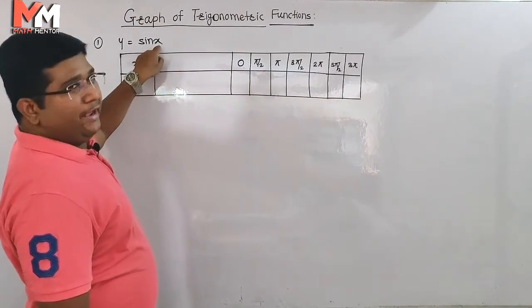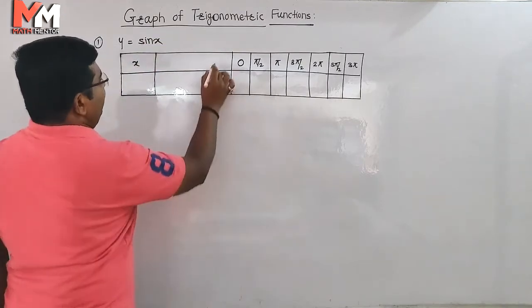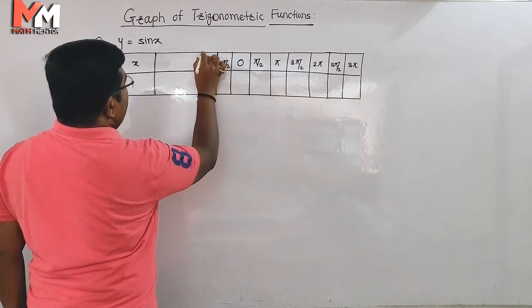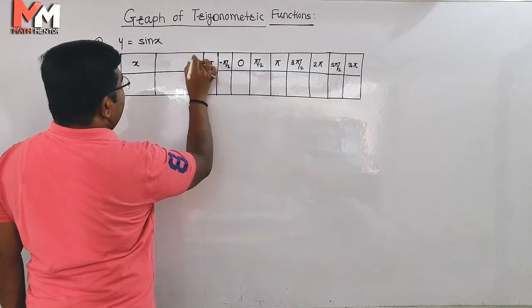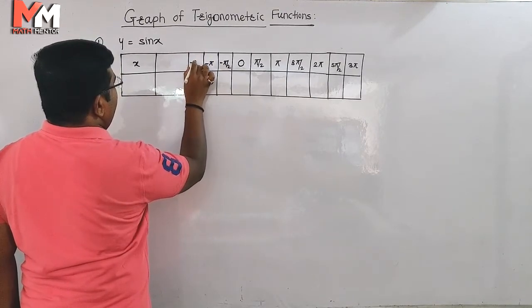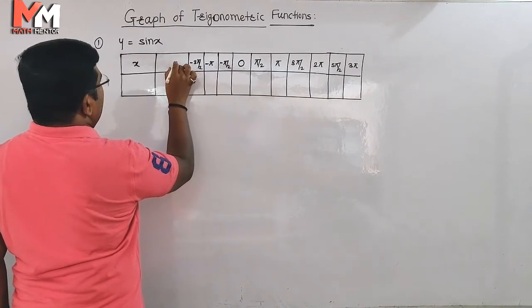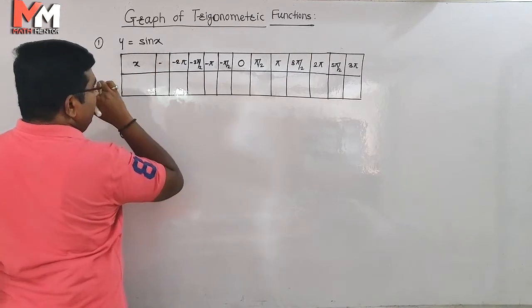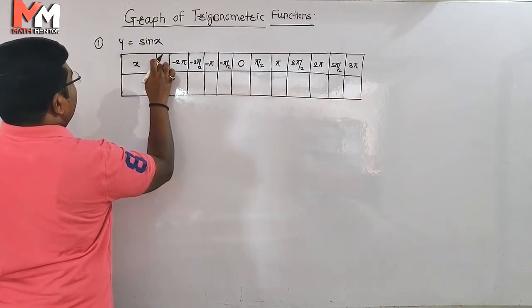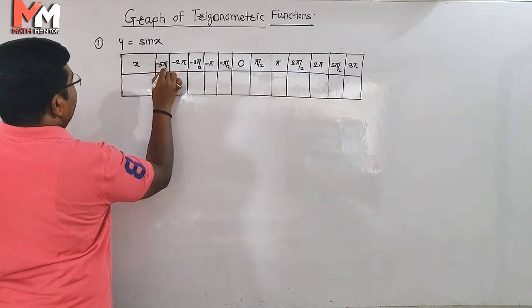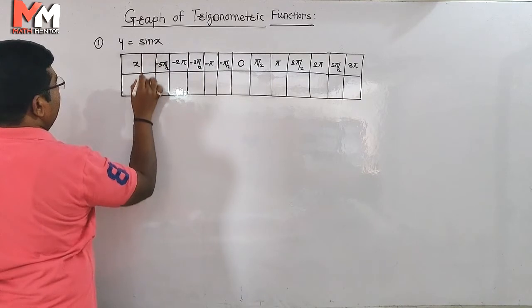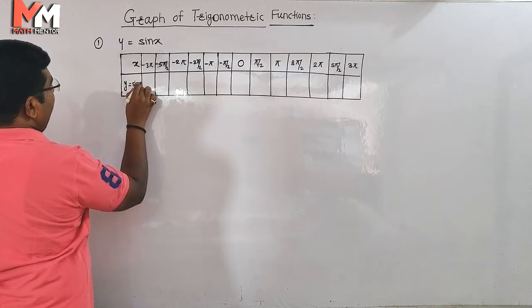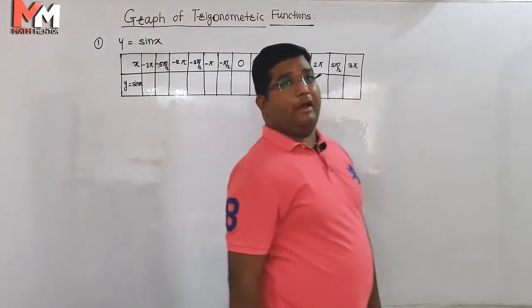On the left hand side are the negative values, that is minus pi by 2, minus pi, minus 3 pi by 2, minus 2 pi, minus 5 pi by 2, and minus 3 pi, and we can find the values of y corresponding to values of x.